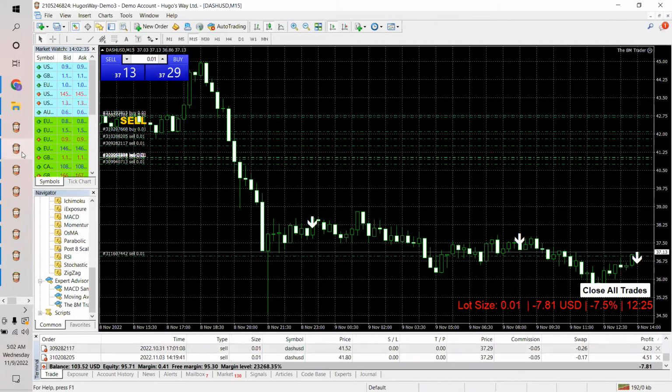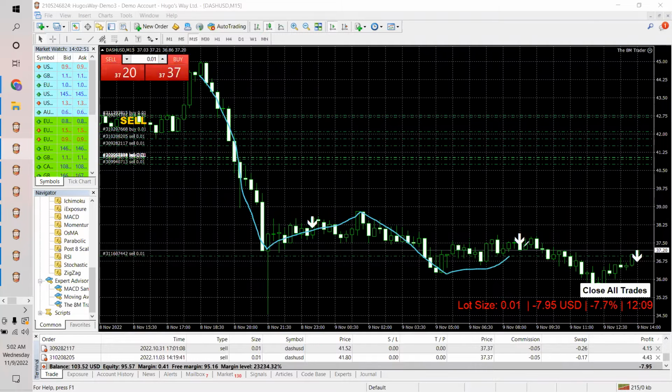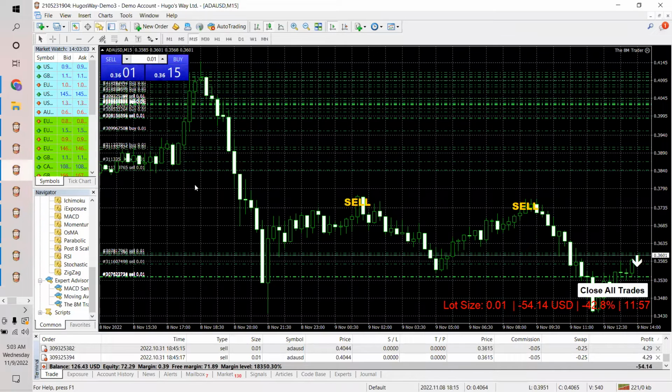Now, if we look at Dash USD, we are looking at the same thing where we do have a bear market. So lower low, lower low, lower high, lower low, lower high, lower low, lower high. And then if we take a look at Cardano, same thing.